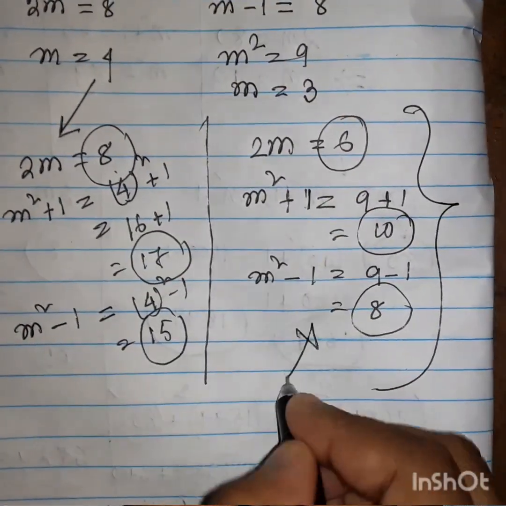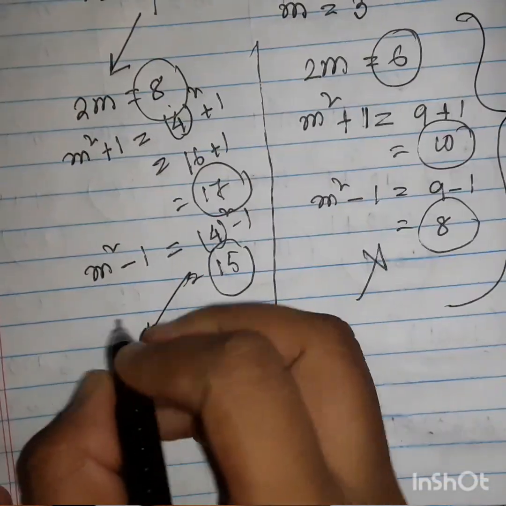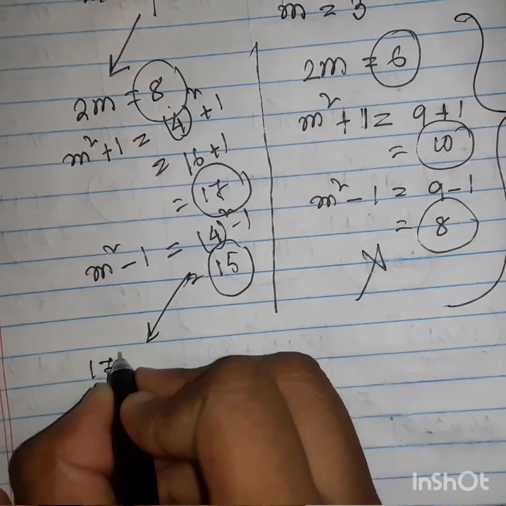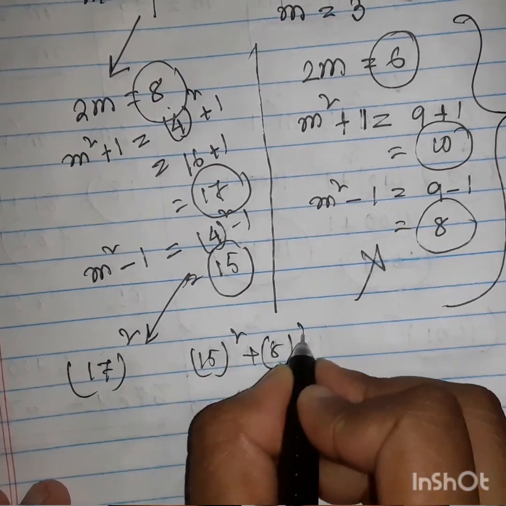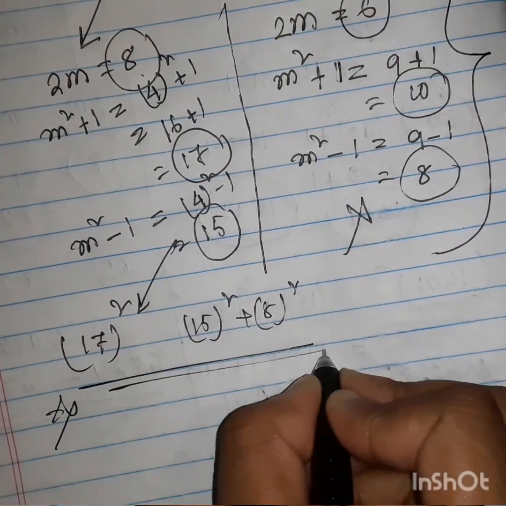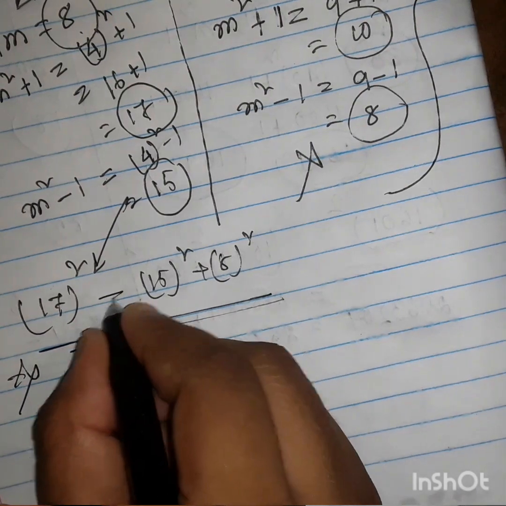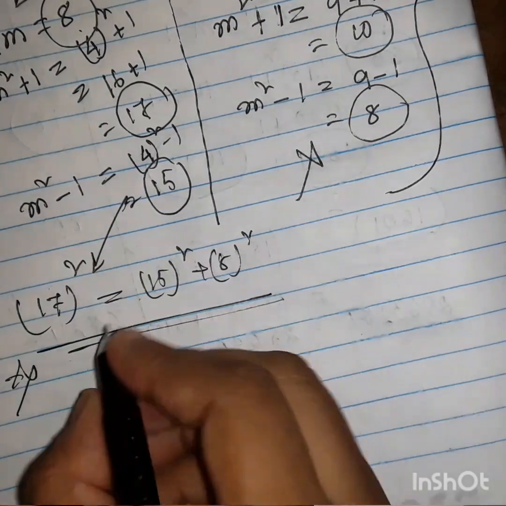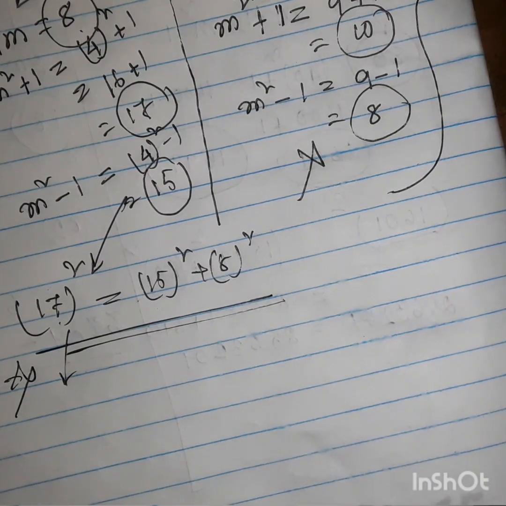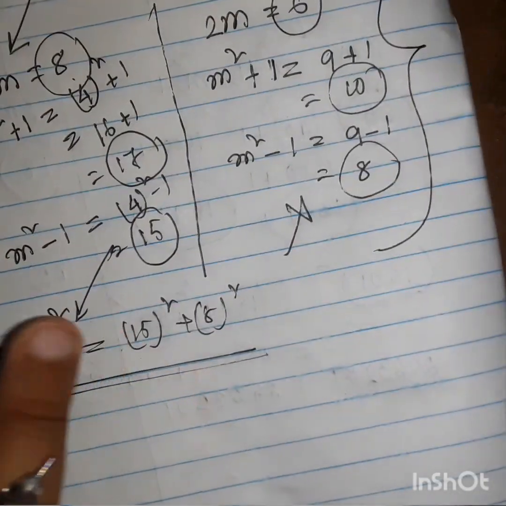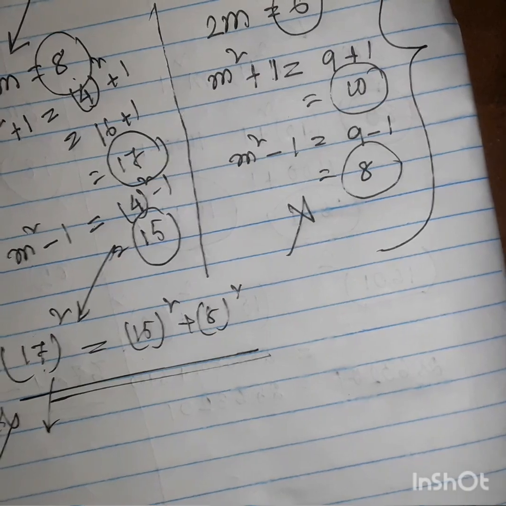That is the wrong answer. Okay. But this set will be the right answer, where the set is 17, 15 and 8. You do this on your own and check that both sides are equal, then you will conclude that 17, 15 and 8 are the Pythagorean triplets, where 8 is the smallest member. Okay.